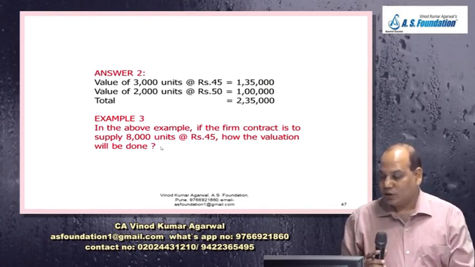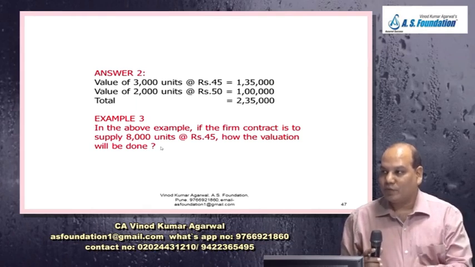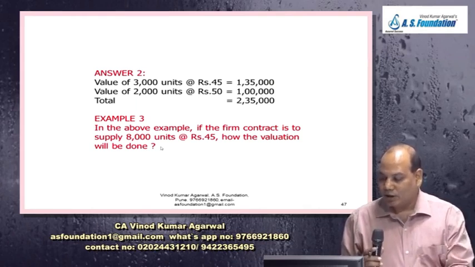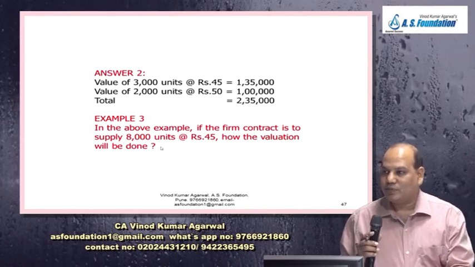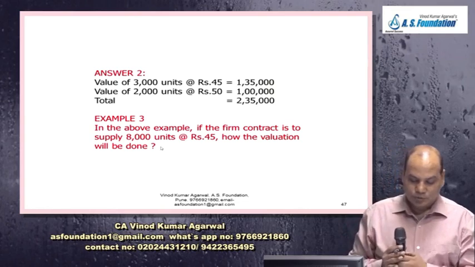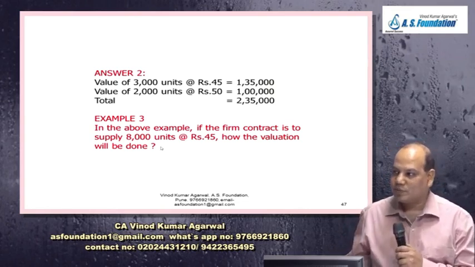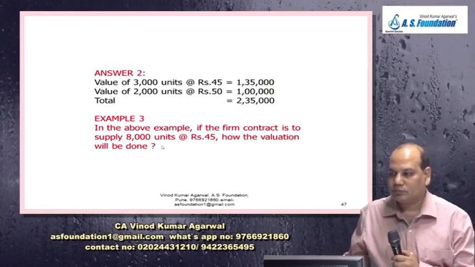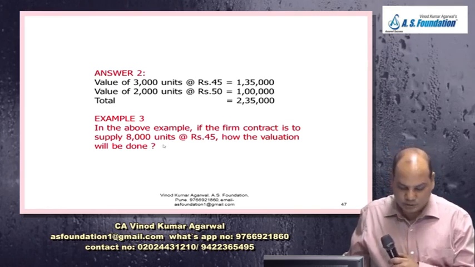So in the next 3,000 units, my cost to manufacture is 50 and I am going to recover only 45. So IAS 37 will apply and you have to make a provision for loss of rupees 15,000. Okay, IAS 37 is mentioned there.